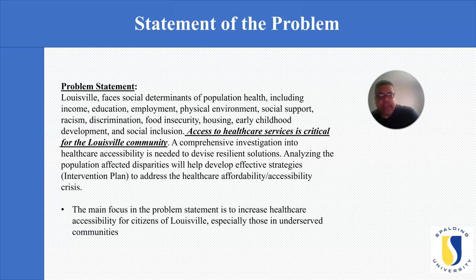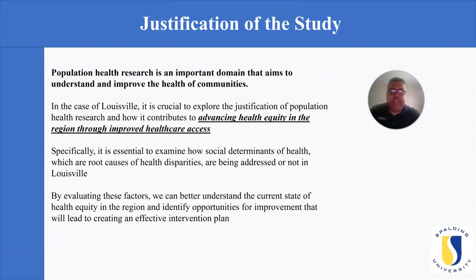Analyzing population-affected disparities will help develop effective strategies, hence the intervention plan, to address the healthcare affordability/accessibility crisis. The main focus of the problem is to increase healthcare accessibility for the citizens of Louisville, and especially the underserved community. So what's the justification of this study?